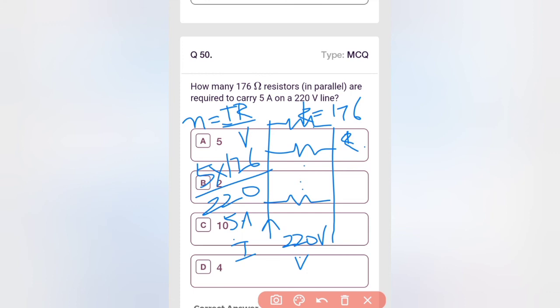So we can cancel this and we can find the answer. 44 and 220, you can cancel, so 44 into 4 is 176. So option D is the correct answer.